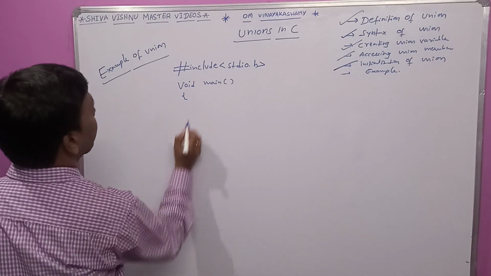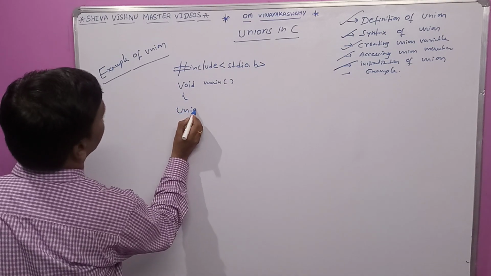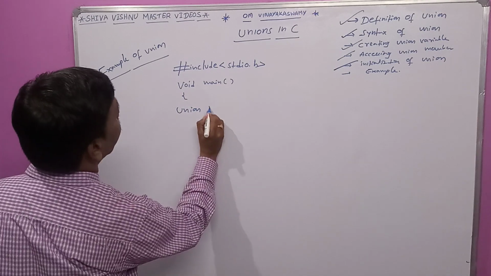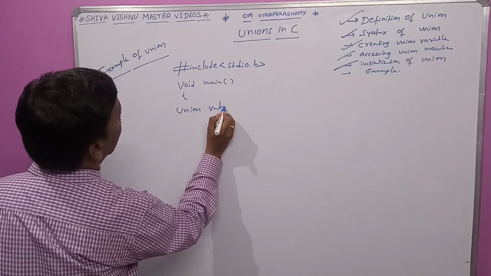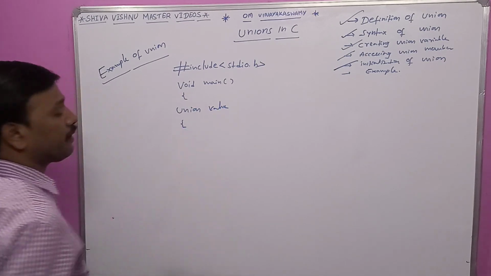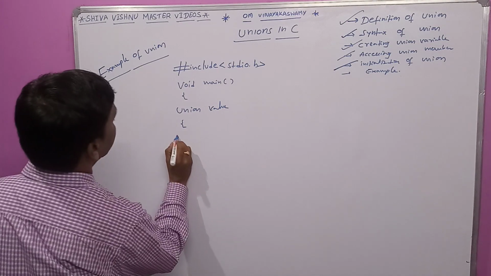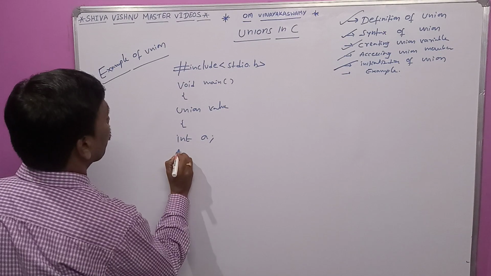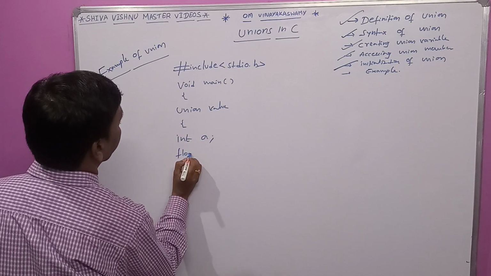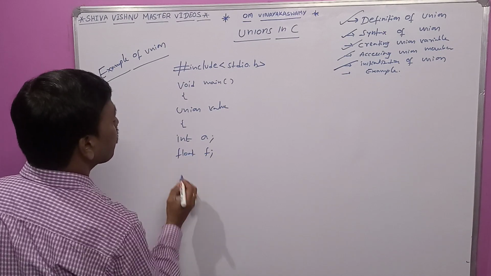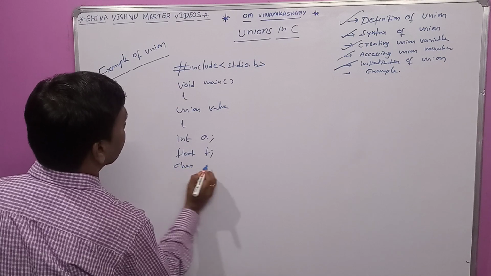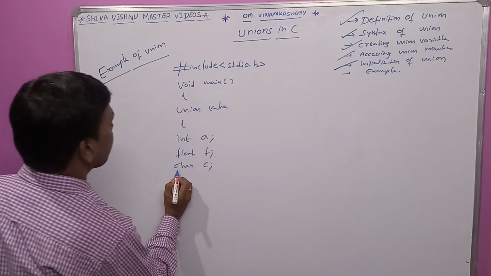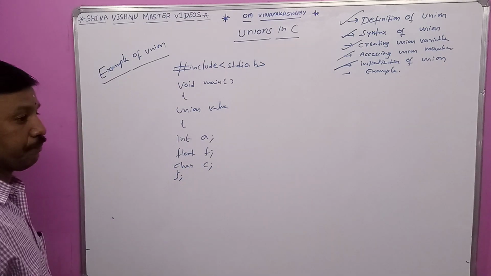Here, open brace, union is a keyword, union name is value, open brace. Here you can see int, variable a semicolon, float f is a variable name, char. Here you can see the variable c, close semicolon.